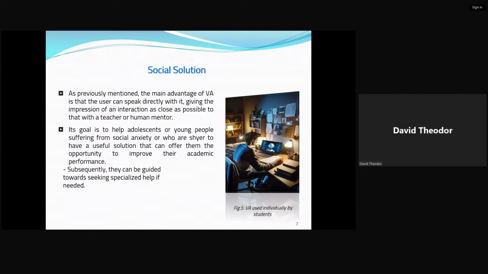Subsequently, they can be guided towards seeking specialized help if needed, in extreme cases where, based on a list of symptoms, the VA thinks that a more specialized or more direct approach from a specialized unit is needed, it will suggest so.